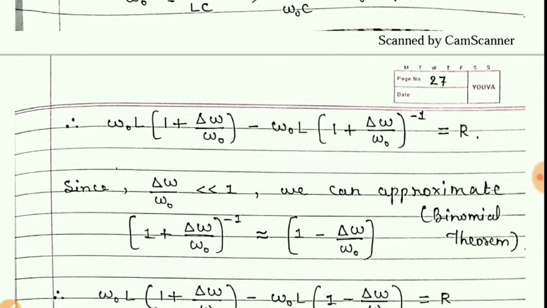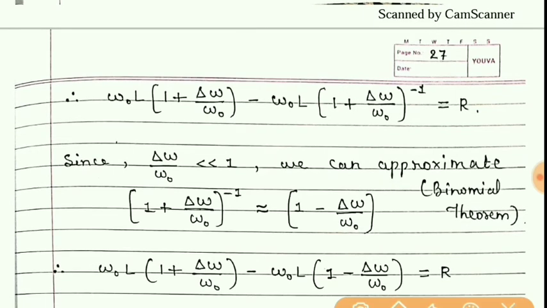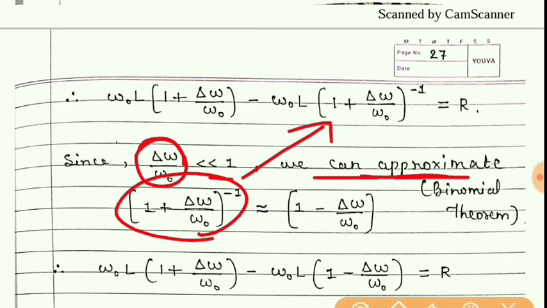Now, for this value to be very less than 1, that means this value is very small. So as this value, that is delta omega upon omega naught, is very small, we can approximate this term, that is this, which is equal to 1 minus delta omega upon omega naught. Students, here we have applied binomial theorem.